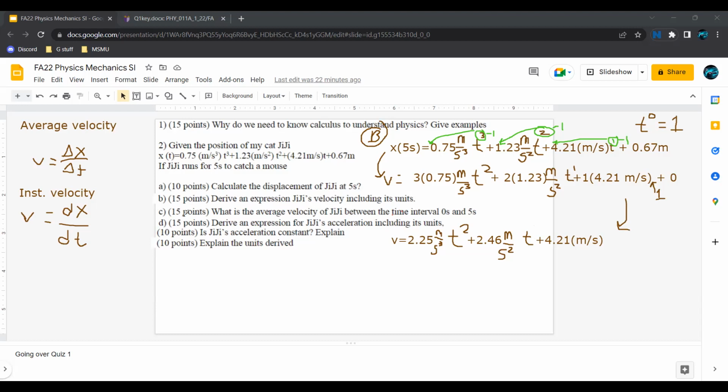And then we'll go back and do C later. Remember that acceleration is equal to change in v over the change in t. In this case, we're doing instantaneous and finding an expression. So we're going to do dv over dt.